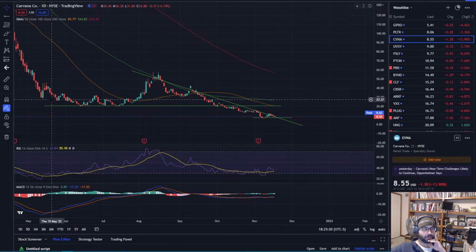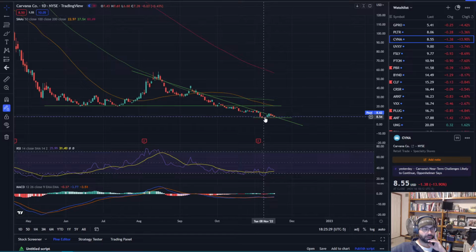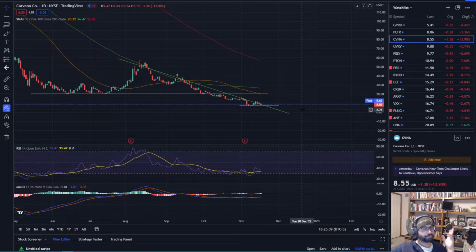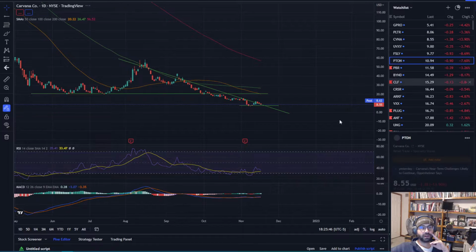On the flip side, we were in this channel here and it acted as decent support basically since May. And then we dropped down into this lower channel. So odds are pretty likely that it chops around in this channel, potentially even comes back up. We'll see. Obviously, you never know. So this one is closer to the bottom end of its range, potentially, assuming it doesn't go down further.